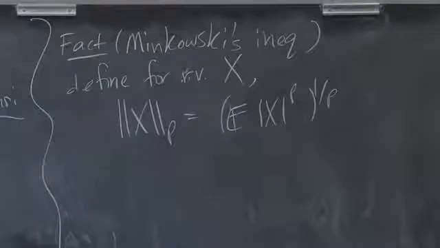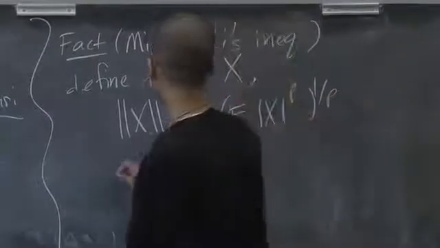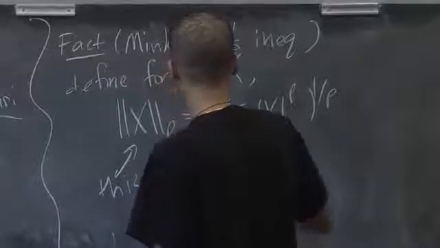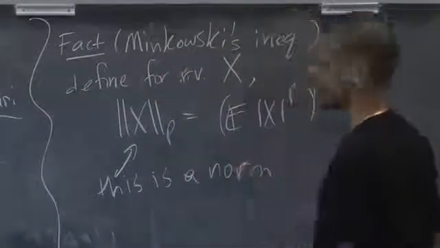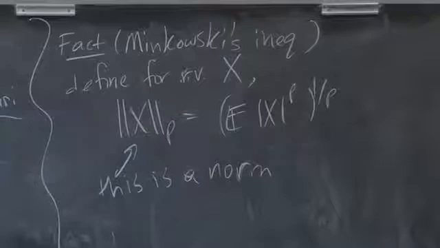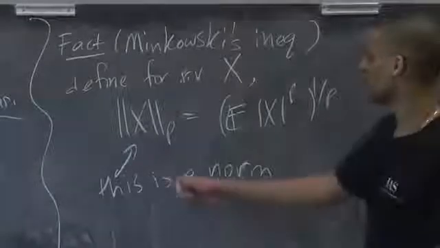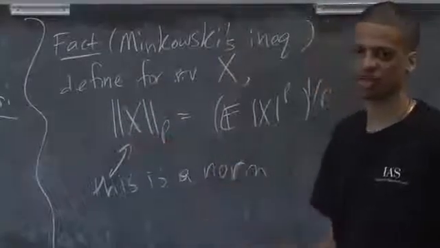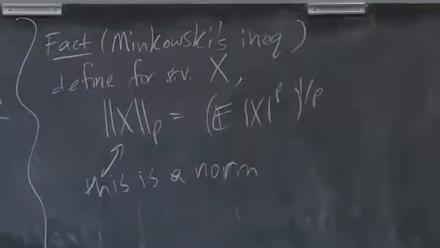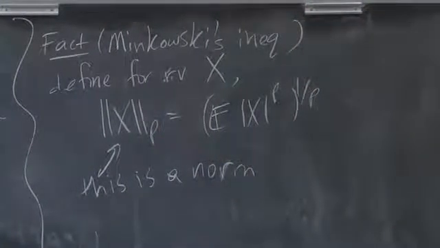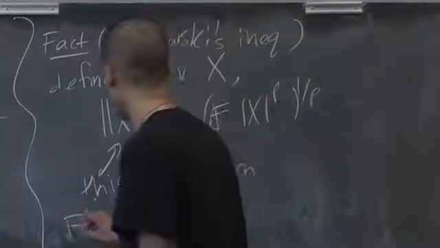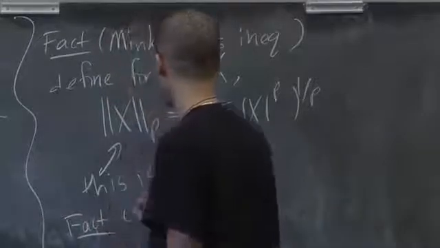Okay. This is a norm, for p at least 1. It obeys the things you usually expect, like the norm of a scalar times x is the scalar times the norm of x. It satisfies triangle inequality, etc. So we really want to bound. Oh, and then one other fact that I want to state is called Jensen's inequality.